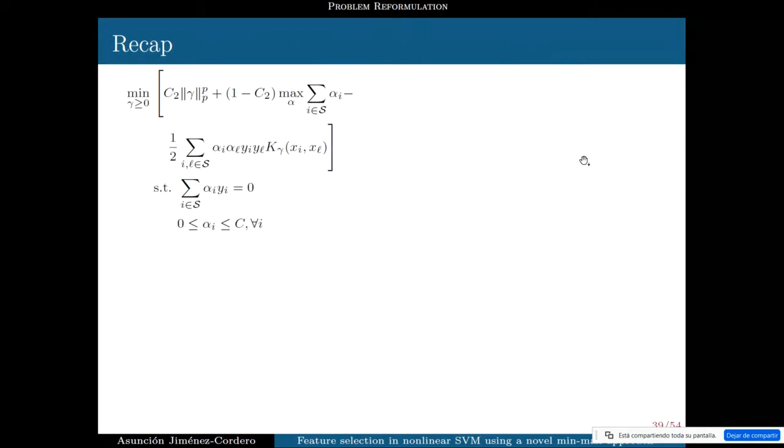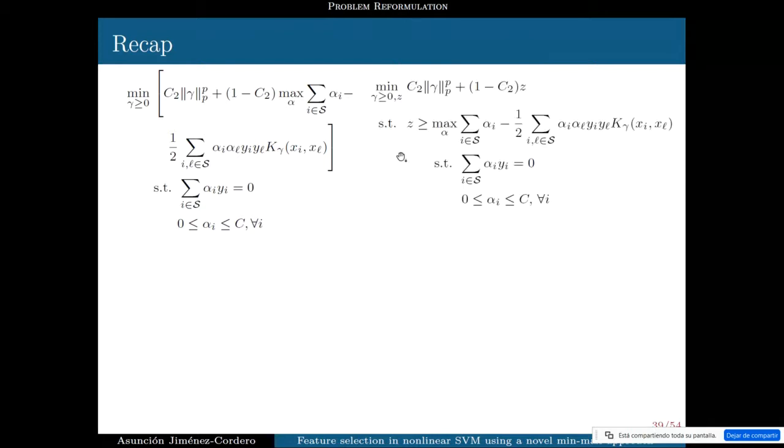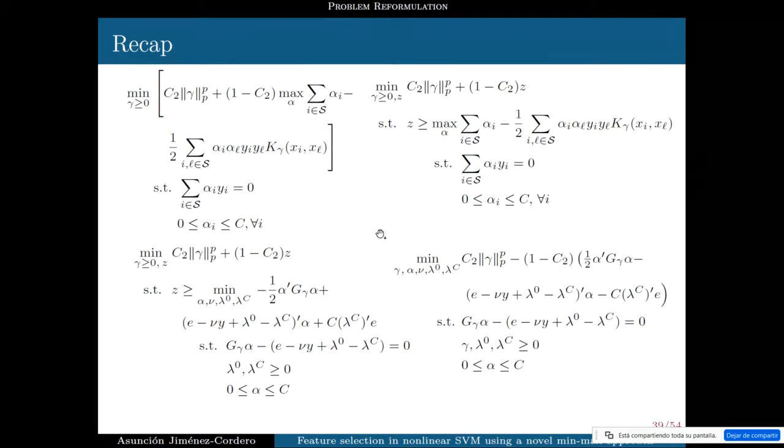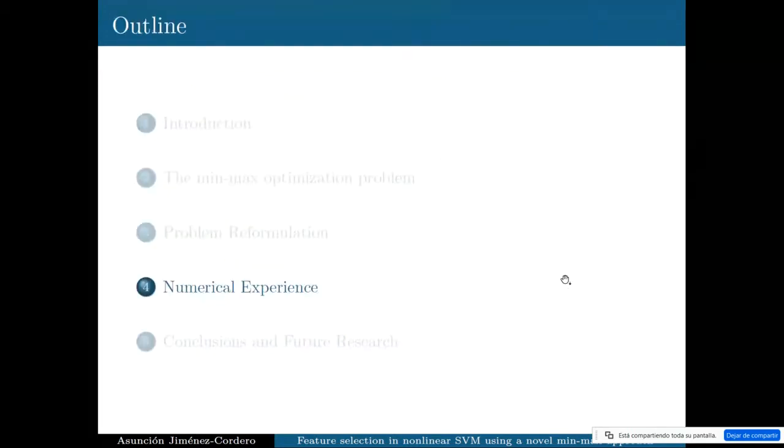Okay, so just to recap all the steps that we have performed. So here is the initial min-max reformulation, then we use the epigraph form, then thanks to the strong duality theorem, we can replace this maximization problem by the corresponding minimization one. And this is the final single equivalent reformulation.